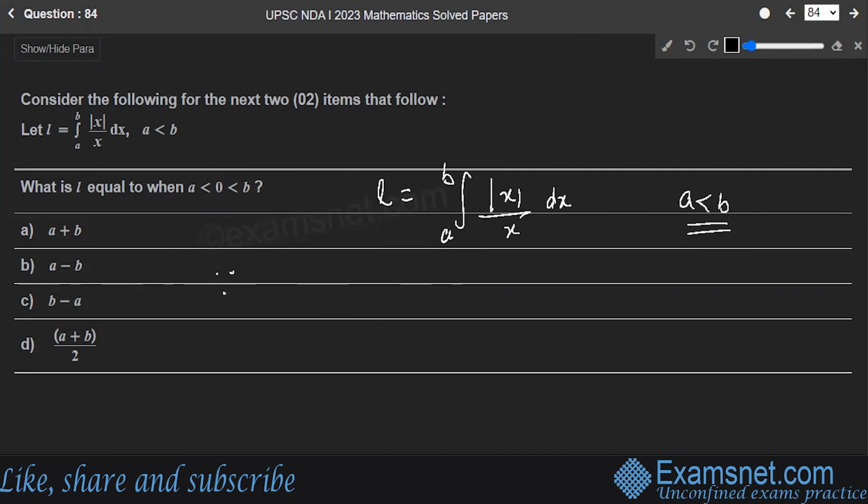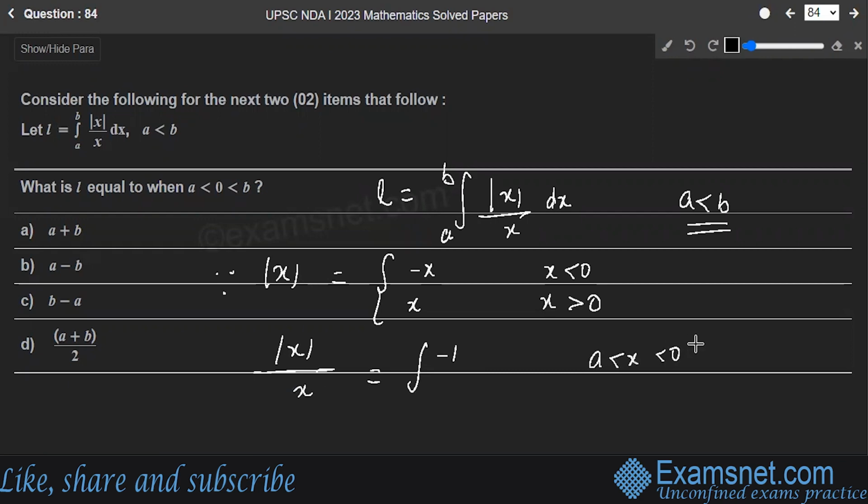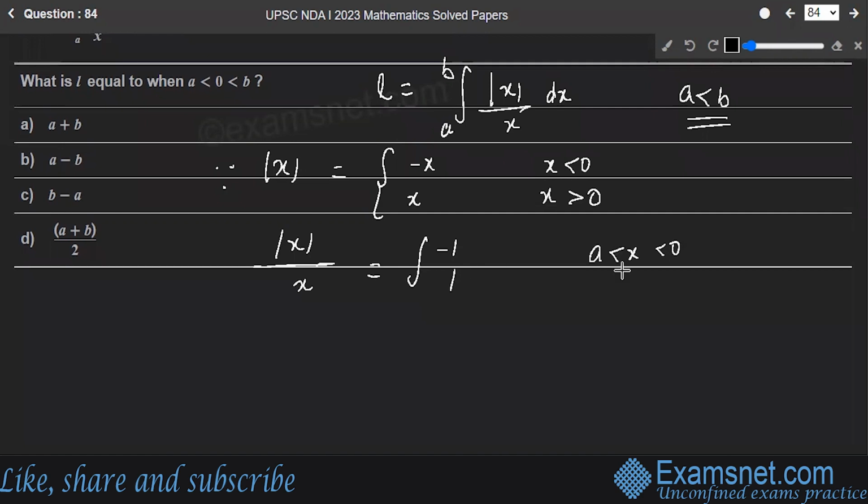Now you know one thing, because you know mod of x is equal to minus x when x is less than 0, and this is equal to positive x when x is greater than or equal to 0. So that means this thing will be equal to minus 1 when a is less than x is less than 0, and this is equal to 1 when x is greater than 0 and less than b.